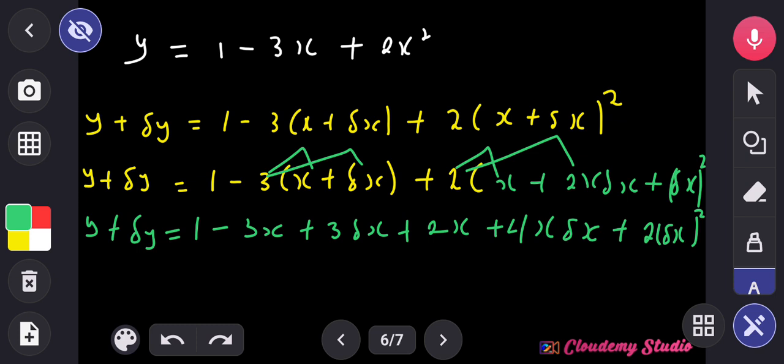We have this already. The reason why this one is 4 is because 2 multiplied by 2 is 4x delta x. You understand? Now the next thing is that I'm going to make delta y the subject of the formula by subtracting y from both sides, right?